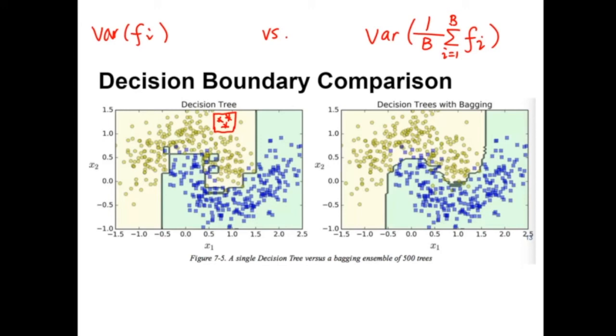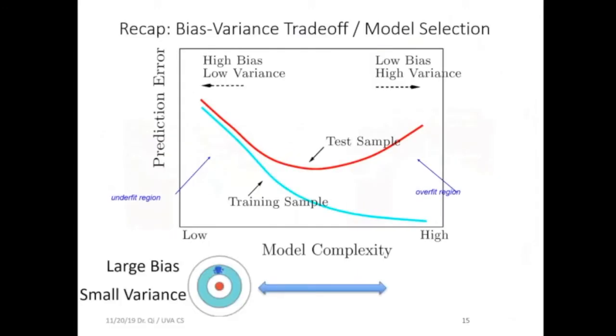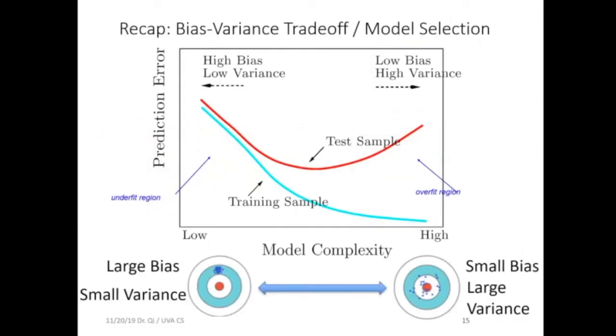If you have a full-length tree, it's a super flexible model. All right, so let's come back to this figure. The big trees have very high variance.